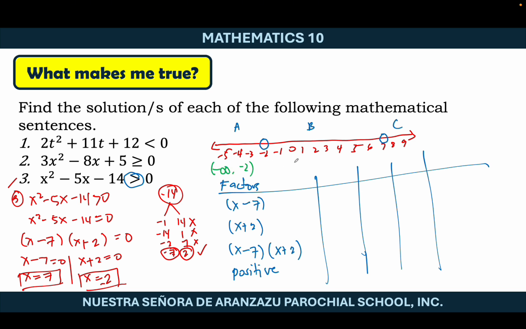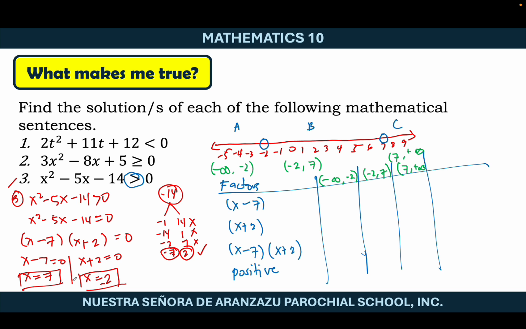Tama ba? Sa region B, in between of negative 2 and 7. And sa region C, 7 to positive infinity. So yun yung ilalagay nyo dito. Negative infinity, negative 2. Then negative 2, 7, and 7, positive infinity.